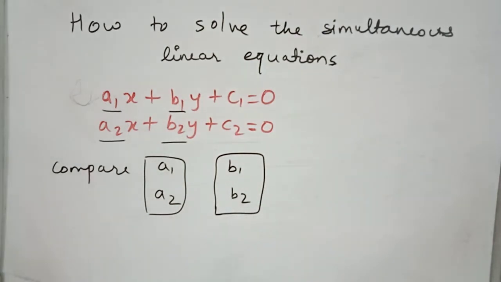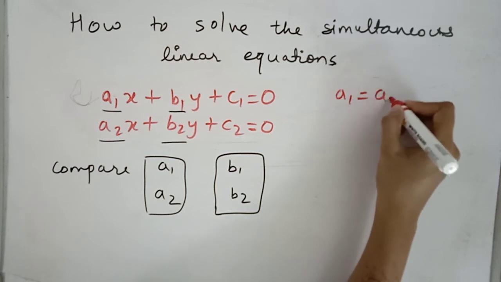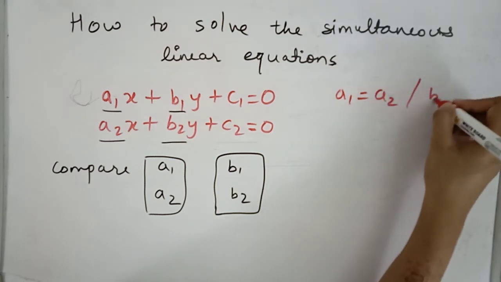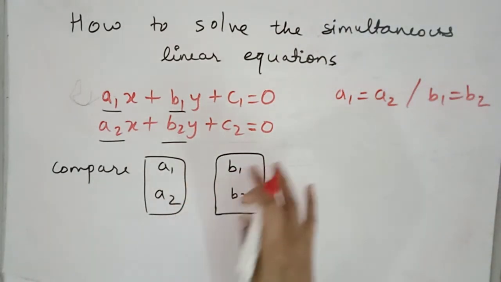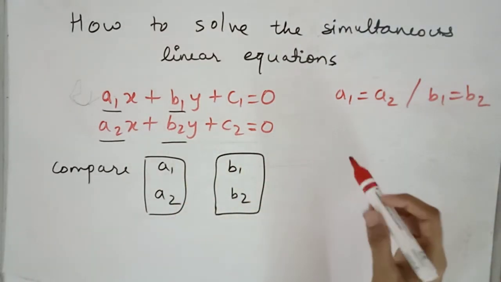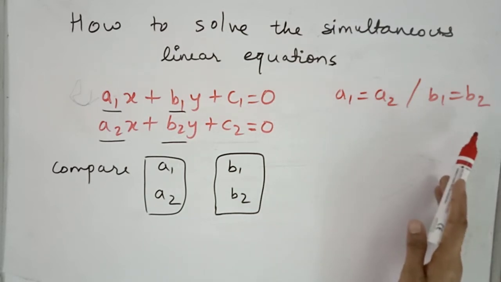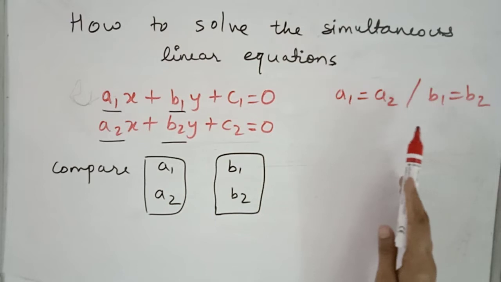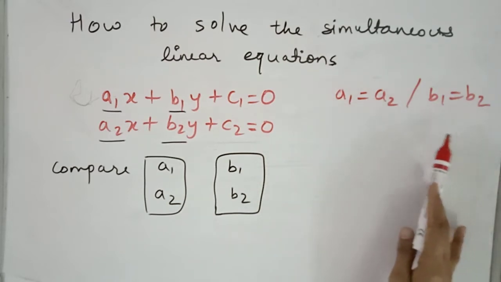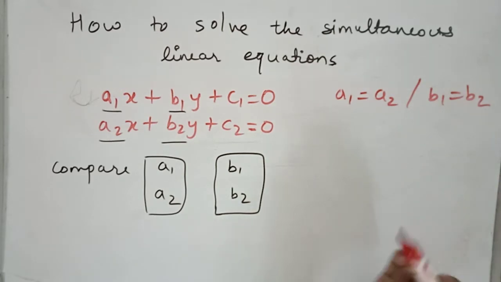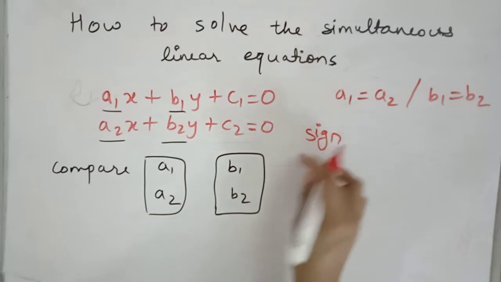If a1 equals a2 or b1 equals b2, that is, if any of a1, a2 or b1, b2 are the same, then we will see the sign of both.